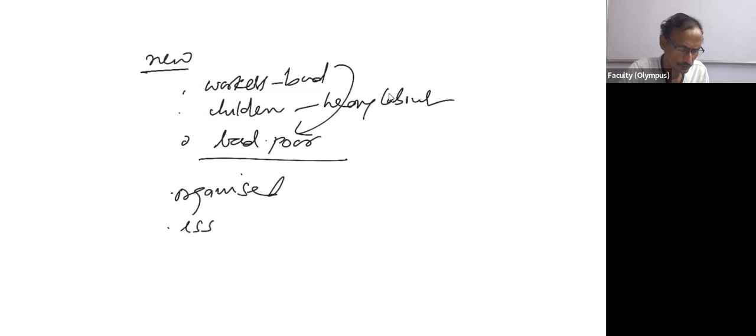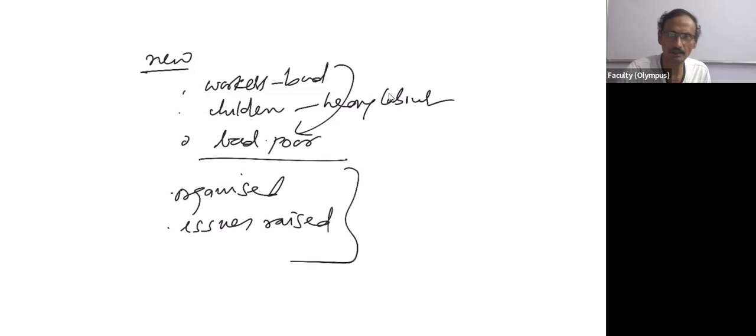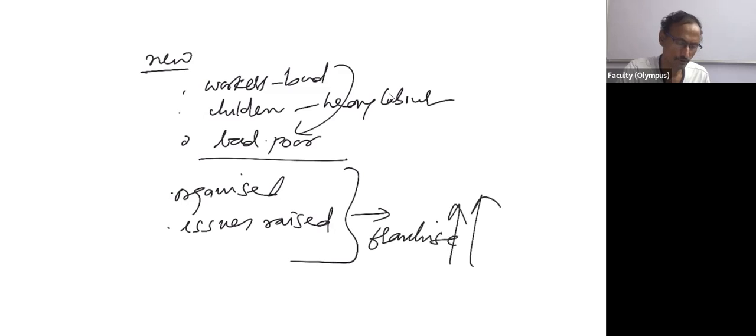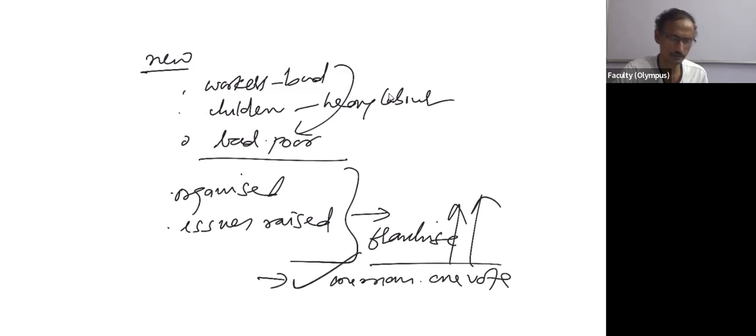It is in this context that the franchise widened. One man, one vote became an important slogan. It was much after one man, one vote that women also came to be given a vote.